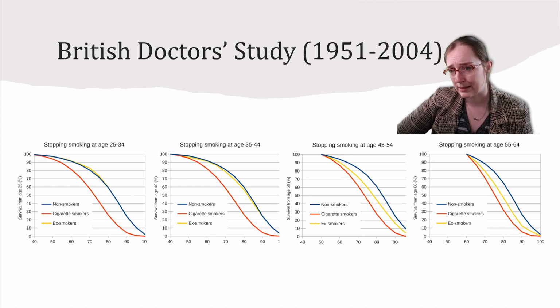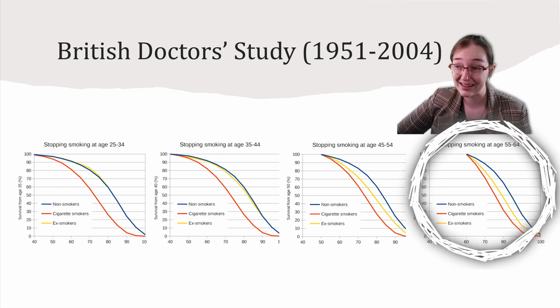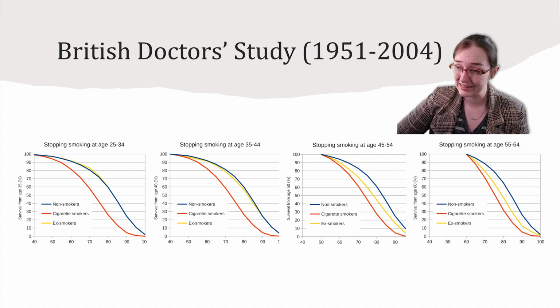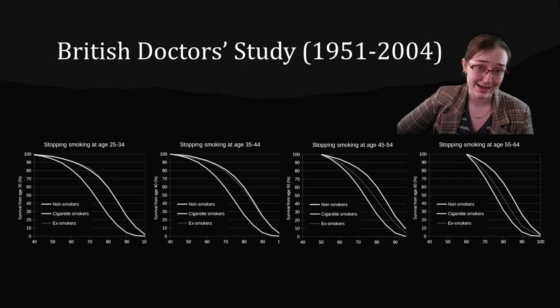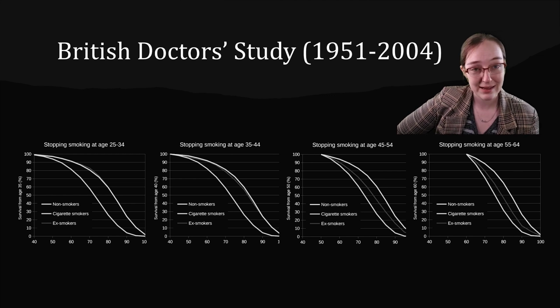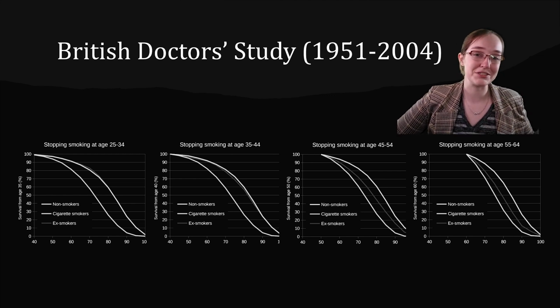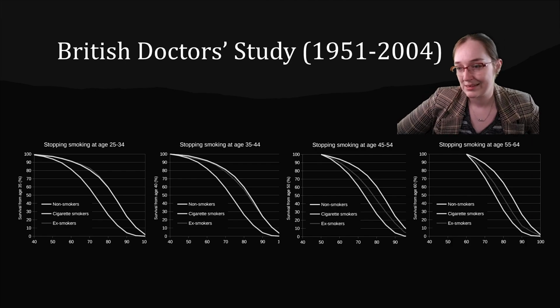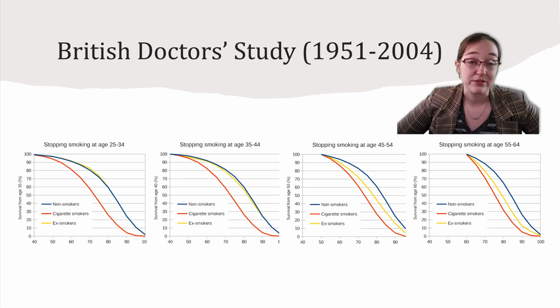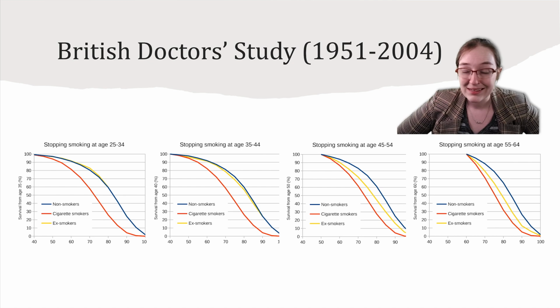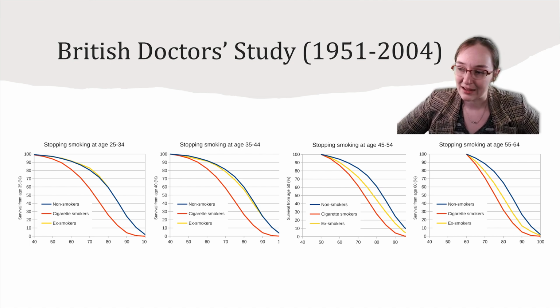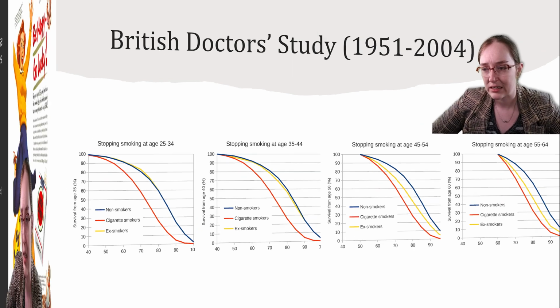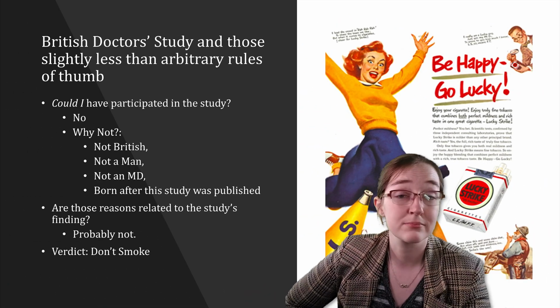Even if you've quit and stopped smoking at 65, still, not a lot of time to make up the difference. Now, eventually, everybody's dead, so at the end, it doesn't matter. If your goal is to see who lives to be 100 or not, then whether you smoked or not doesn't make a difference. But if you want a better chance at making it to like 90, don't smoke. Because it'll kill you faster.